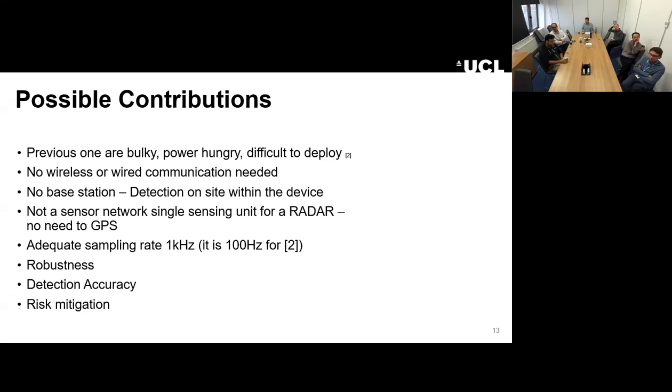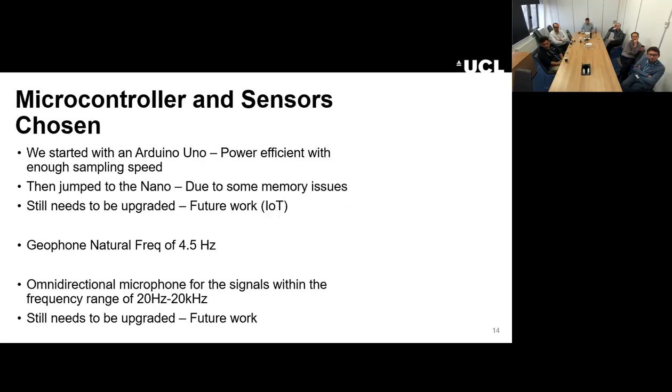For the vibration detection, it's all up to the loop speed of the Arduino, which is quite high. And we can increase the robustness and the detection accuracy, and also leaving a device on the volcano side adds some risk mitigation because there's no human needed to use it.